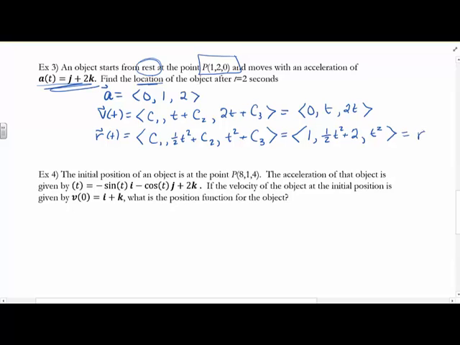There's my position vector, and we wanted the position at 2. So I'm going to plug in 2. 1/2 of 4 is 2, plus 2 is 4, and 2 squared is 4. And yeah, that's it.